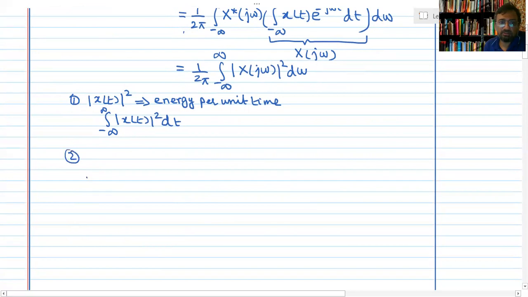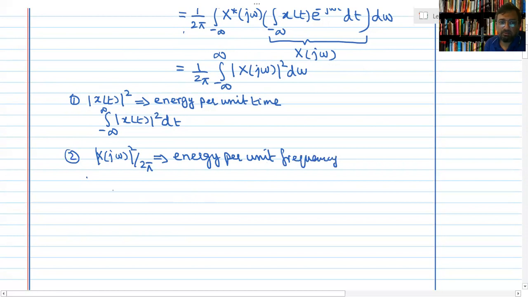And in the second method, we first compute magnitude of X(j omega) whole squared divided by 2 pi, which we can call energy per unit frequency.